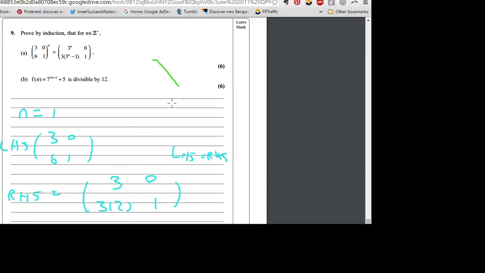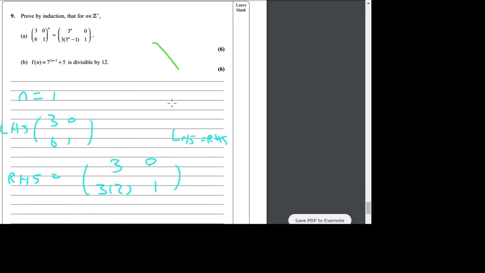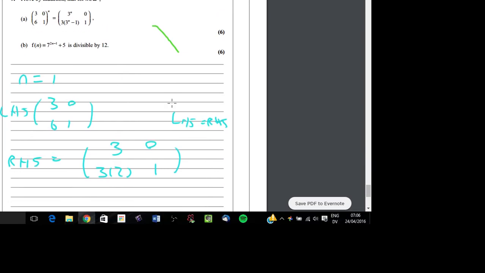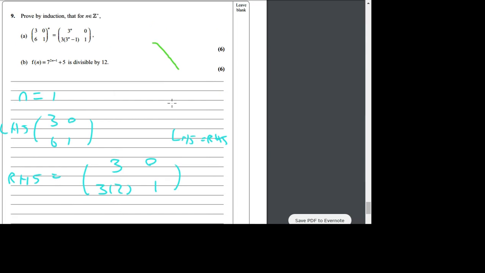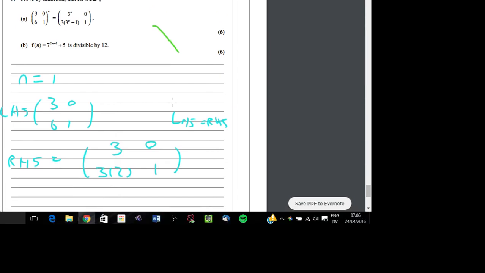All right, so that's fine. Now what we need to do is prove the inductive step. So we assume it works for k and we try to prove it for k plus 1.